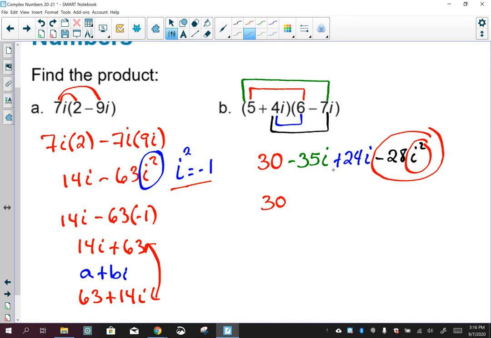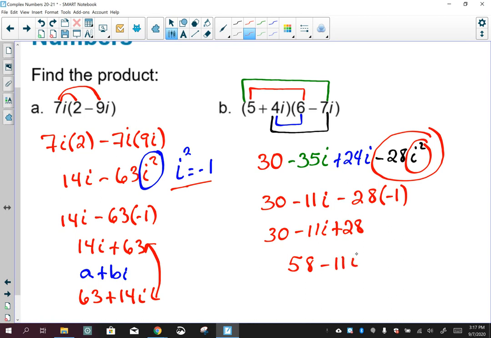So negative 35i plus 24i, that will give me a negative 11i. And then minus 28 times negative 1. I have to keep cleaning this up. So 30 minus 11i plus 28. Keep cleaning it up. That gives me 58 minus 11i.